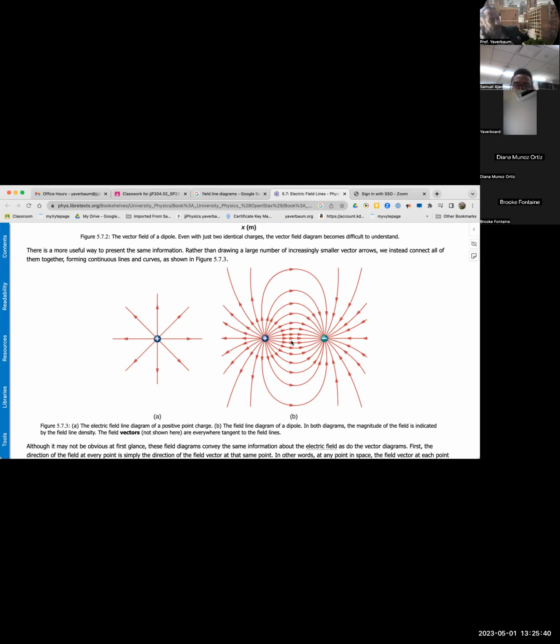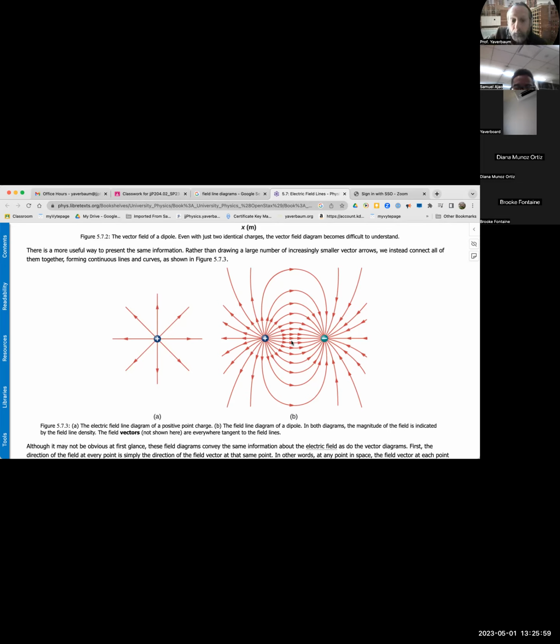So it'd be pushed away from the positive, it'd be pulled toward the negative. It would instantaneously be pulled or pushed to the right, or however you see it on your screen, right?